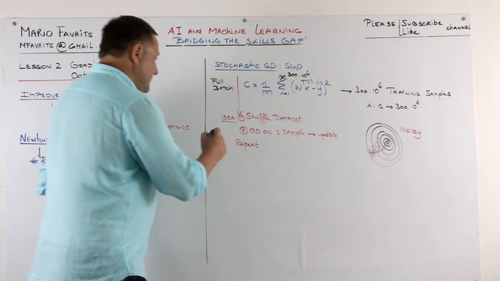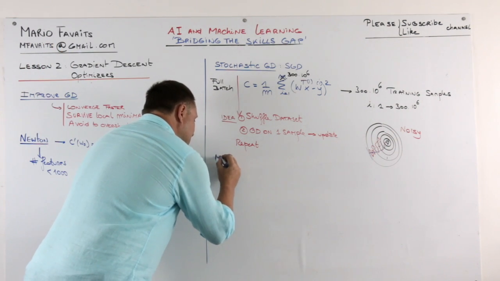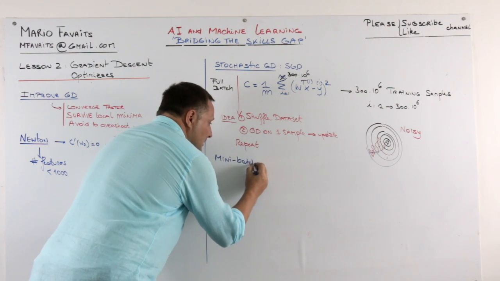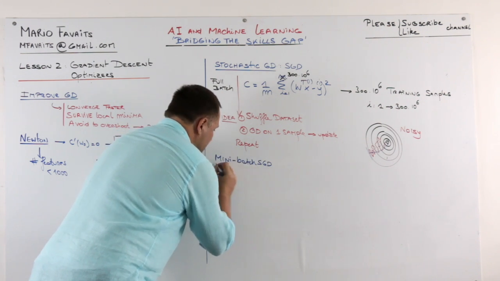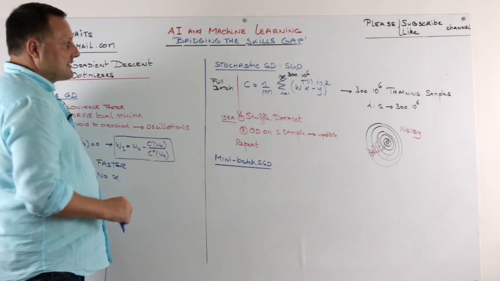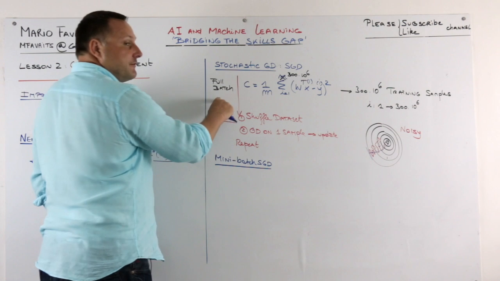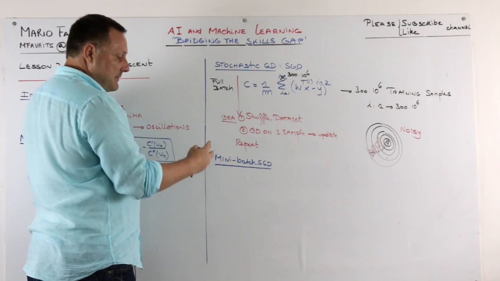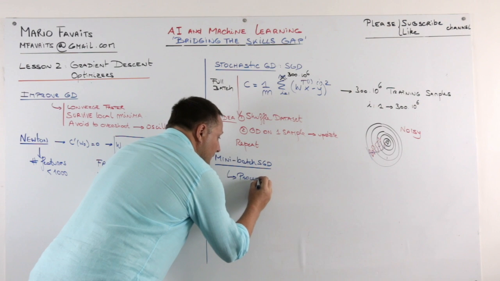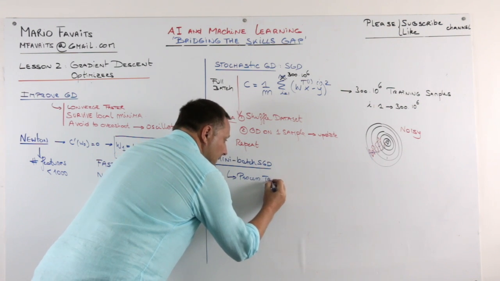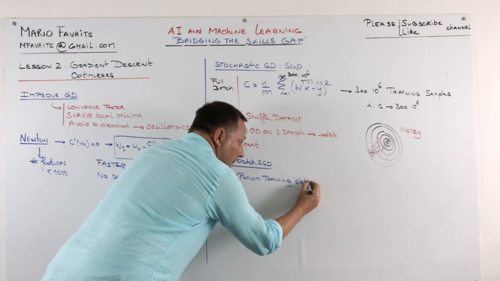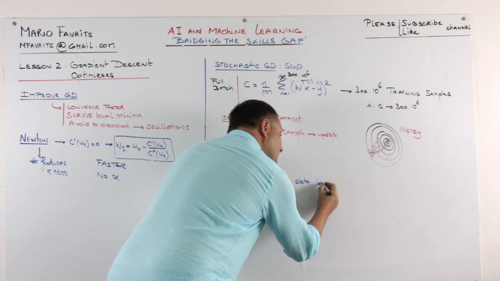The next option is mini batch stochastic gradient descent. Basically it's between stochastic and full batch. That's why we call it mini batch. So you process training data in batches.